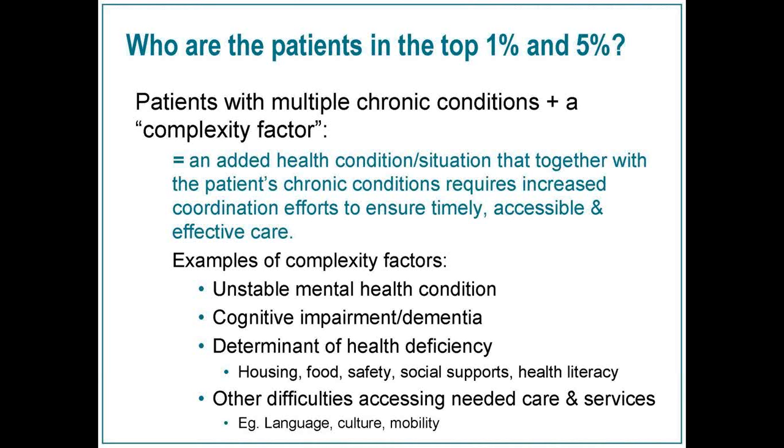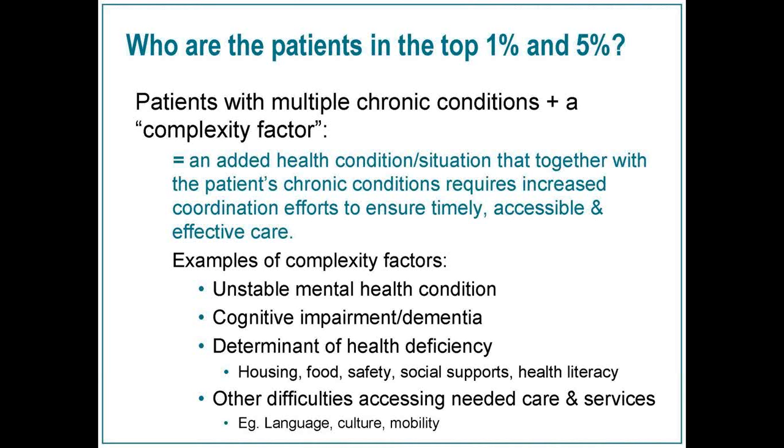Some of the examples that we've seen in our chart reviews is someone who may have an unstable mental health condition. They may have new or worsening cognitive impairment or dementia. I think the really key point here is the integration of the determinants of health into what we are terming health conditions, that we're not just talking about medical conditions here. I think the whole art of care coordination needs to fully incorporate that.